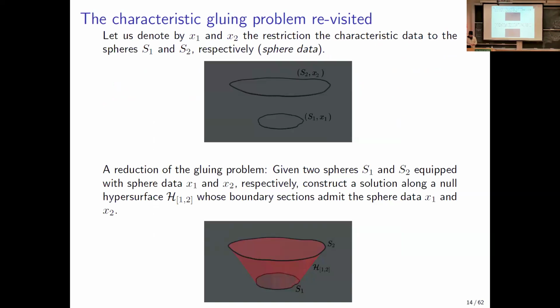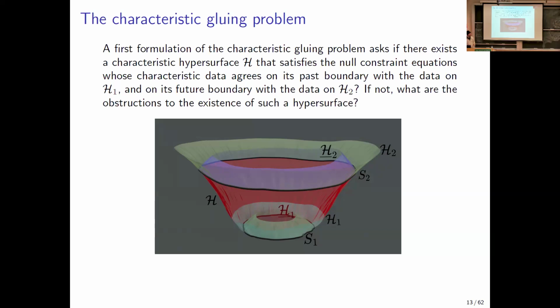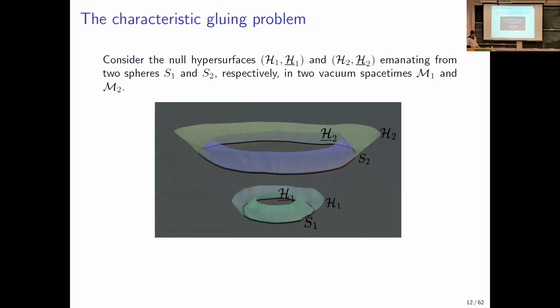Now, something very interesting happens. Instead of considering the surface, these two spheres, nearby null hypersurfaces, what you can do to simplify the problem is just stick with the spheres S1 and S2, and on S1 and S2, simply take whatever information these transversal hypersurfaces give you.